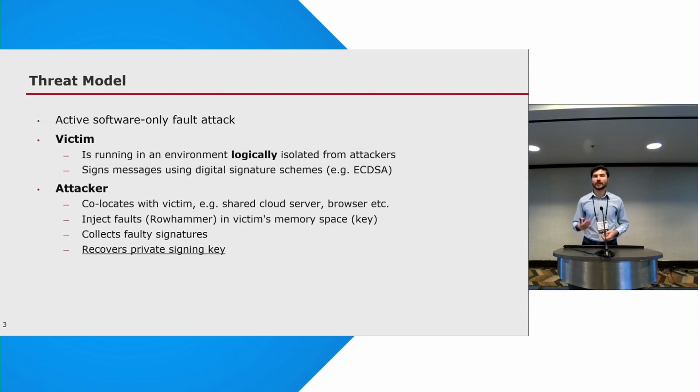It can be through a shared cloud server or a browser which is running on the victim's machine. From time to time, it injects faults into the victim's memory space using Rowhammer, specifically targeting the private signing key. Resulting from that, the attacker collects the faulty signatures, and finally, using these faulty signatures, it recovers the private signing key.